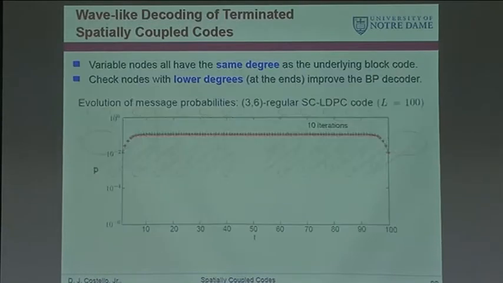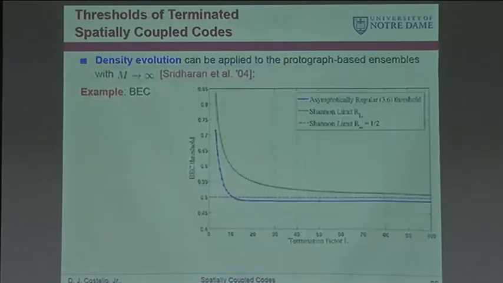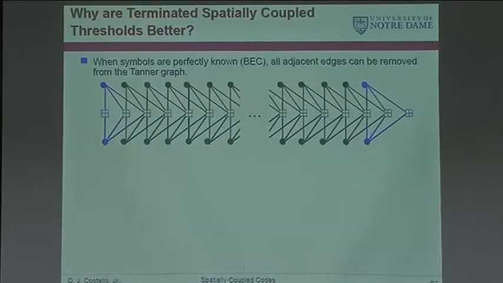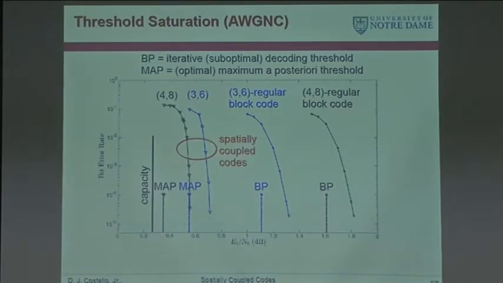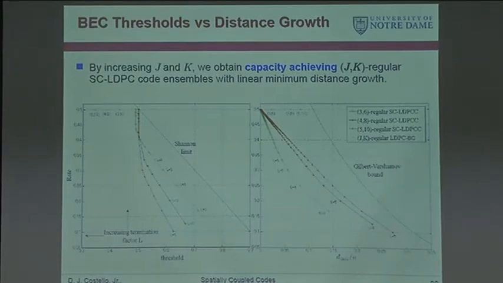And that's what's reflected in this picture, the minimum distance growth rates of these spatially coupled ensembles. And the picture illustrates that they do have linear minimum distance growth, so they're asymptotically good ensembles in terms of their minimum distance looked at as block codes. But as the termination length gets long, the actual growth rate is tending towards 0, just from that picture that I showed earlier.